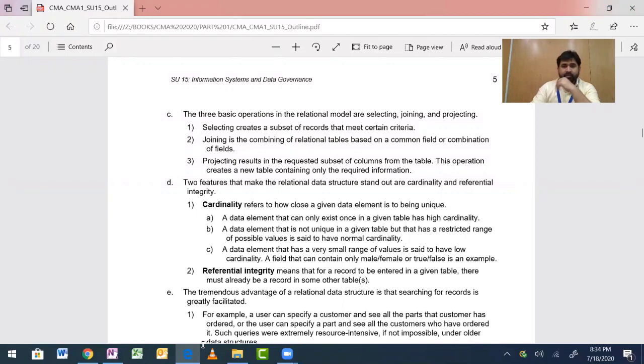If it can exist more than once, normal, and if it is very few, then low cardinality. A field that can contain only male, female, or true, false is an example of this. So either it can be true or it can be false. So that will be, I think, high cardinality for this. No, we'll have low cardinality because two options are there. Only two. If you have more than two options, it will be normal, and if you have only one, that will be high cardinality.